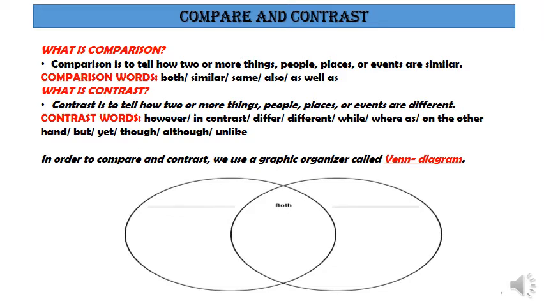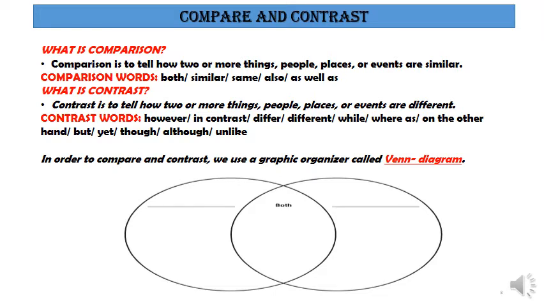The first thing that I want you to know is that when we compare, we are stating the similarities, while when we contrast, we are stating the differences. Let's read together. What is comparison? Comparison is to tell how two or more things, people, places, or events are similar.